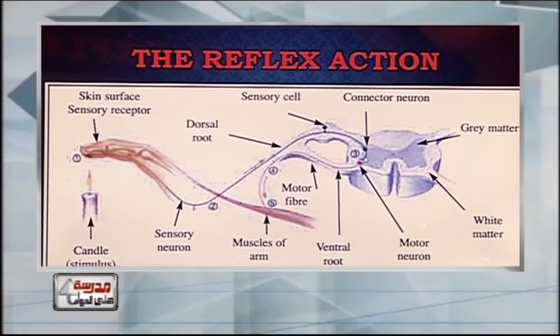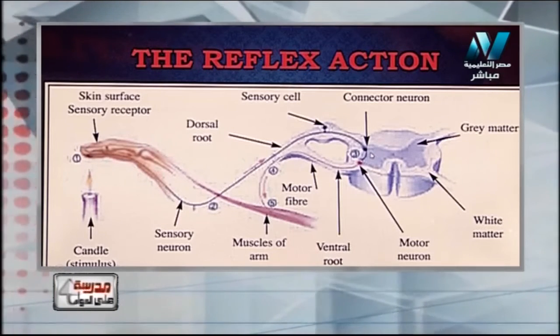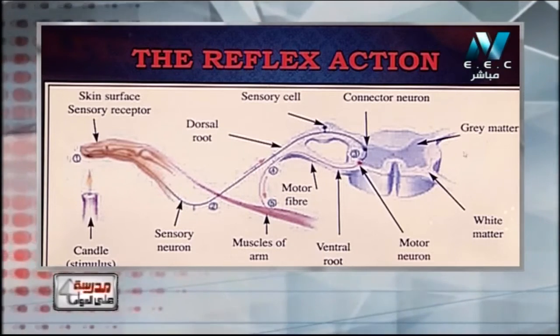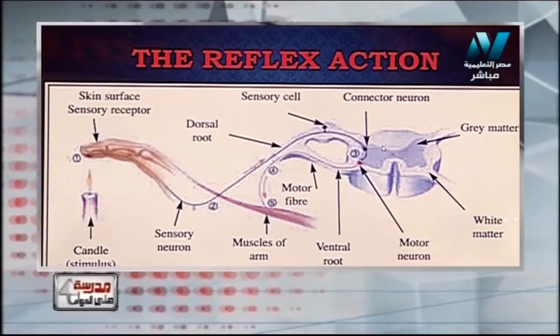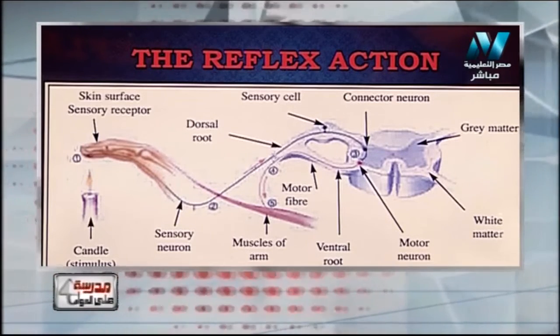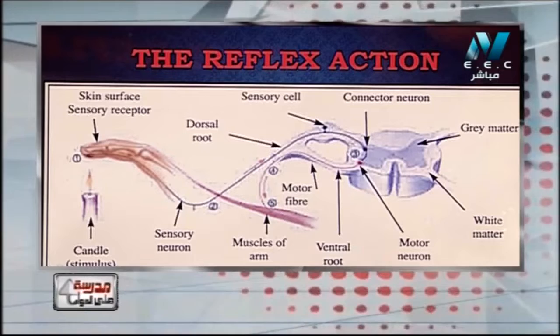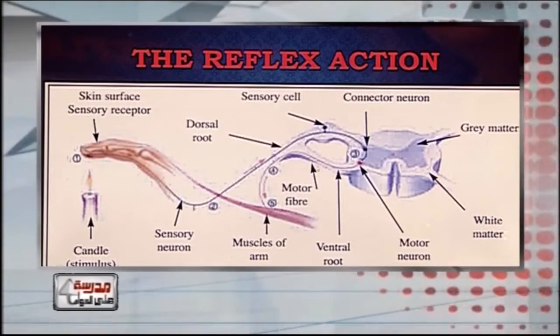The spinal cord produces pairs of nerves. One goes to the right side of the body and one goes to the left side. And each nerve that comes out from the spinal cord has two roots, the dorsal root and the ventral root.